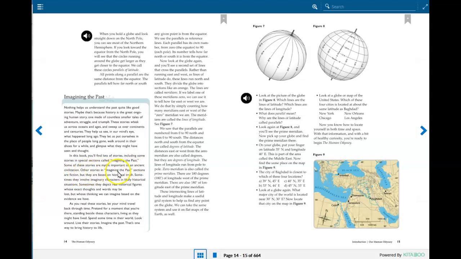Other stories in Imagining the Past sections are fiction, but they are based on historical truth. Sometimes they involve imaginary characters and likely historical situations. Sometimes they depict real historical figures whose exact thoughts and words may be lost, but whose thinking we can imagine based on the evidence we have.